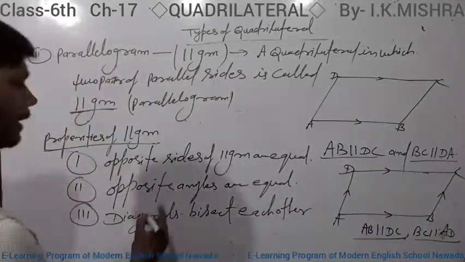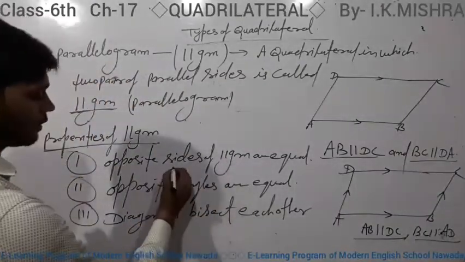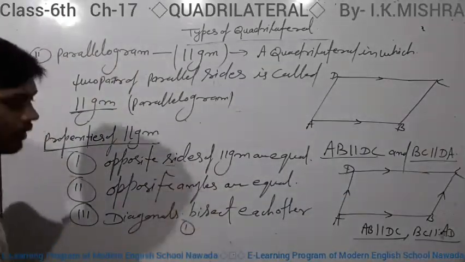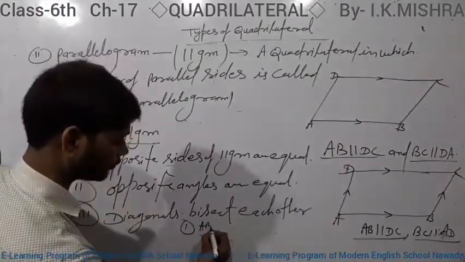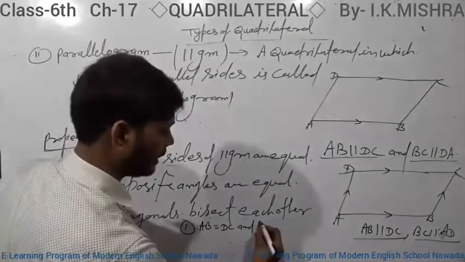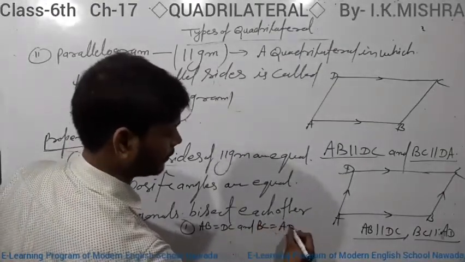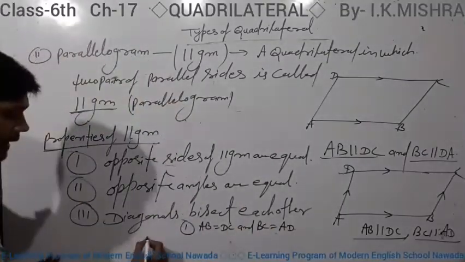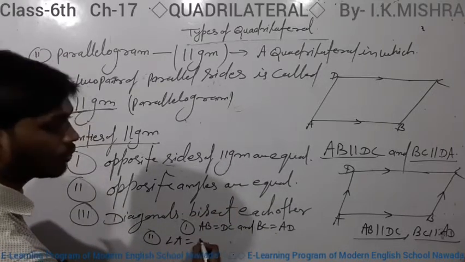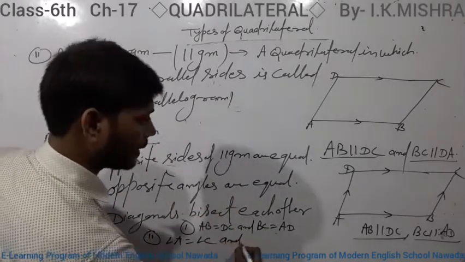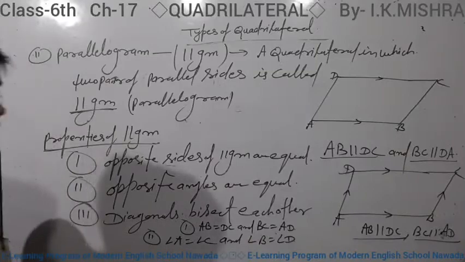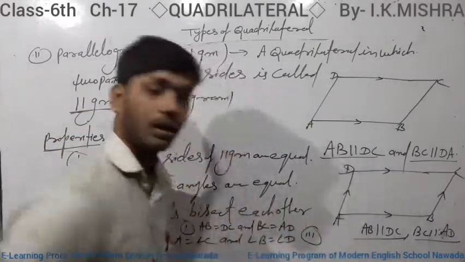According to this figure, first, AB is equal to DC and BC is equal to AD. Clear? Second, here opposite angles are equal. That means angle A is equal to angle C and angle B is equal to angle D, according to this figure.